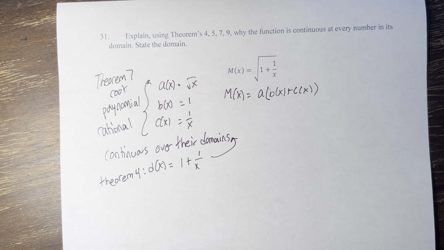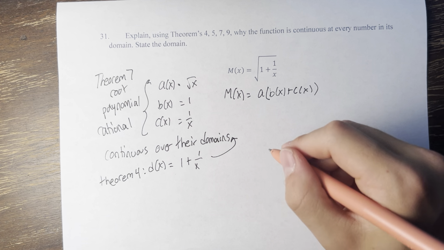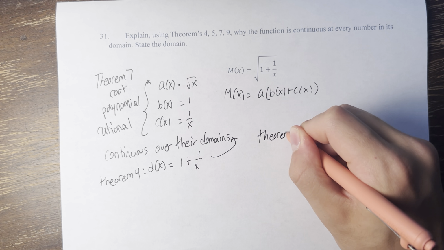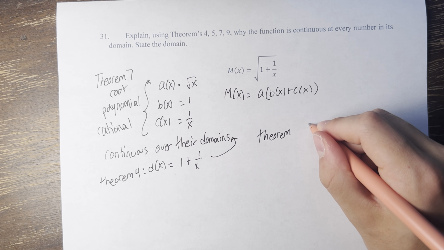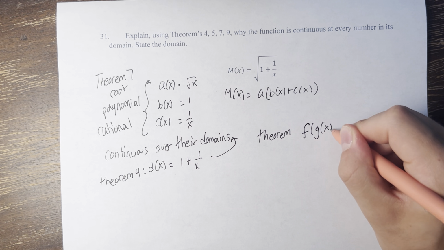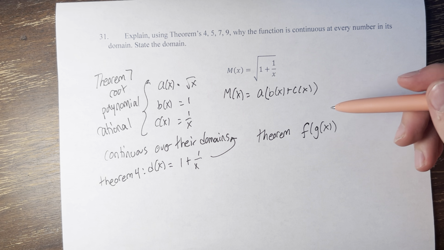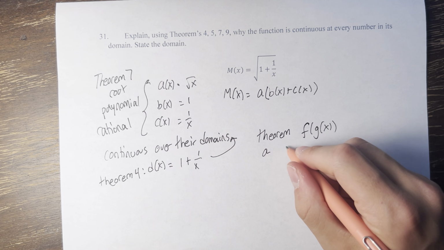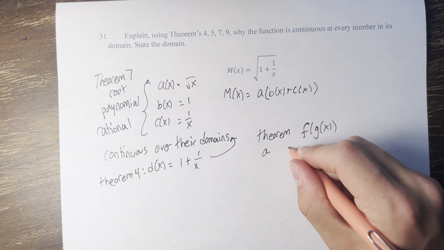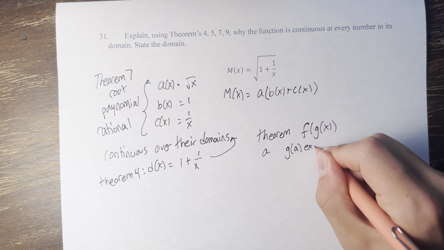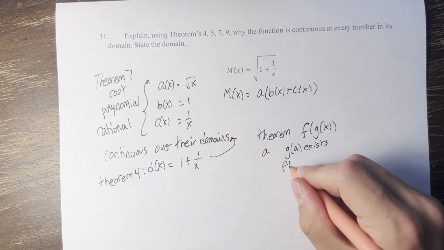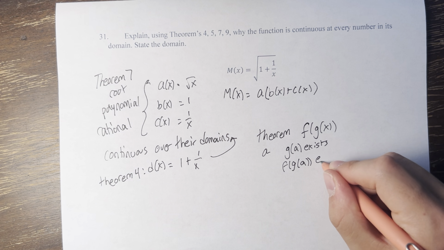And then we use theorem 9, which states that for a function f of g of x, if a value a is within the domain of g, so g of a exists, and f of g of a exists, right?